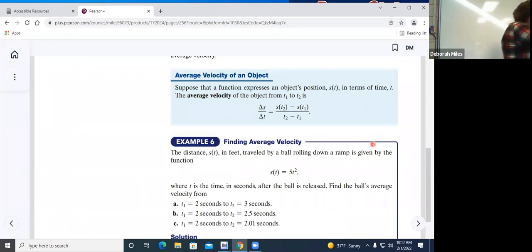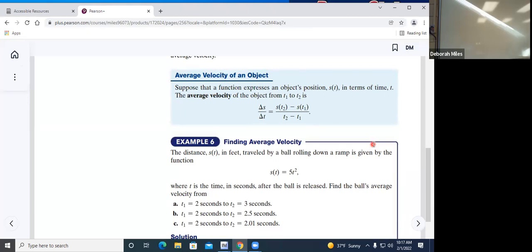Instead of using D for distance, for some reason, physicists use S for position. This is the position at time 2. That's my mile marker 428 or whatever it was, minus my position at time 1. That's my mile marker 320. Divided by time 2 minus time 1 gives me my total time. So this is nothing but rate equals distance divided by time.